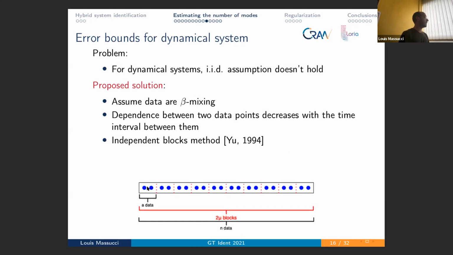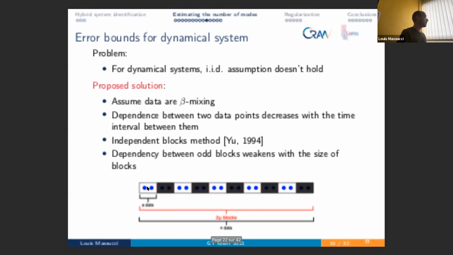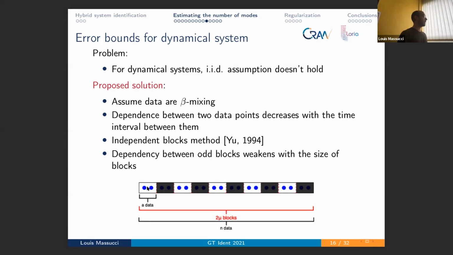So, using this mixing property, we'll apply the independent block method from Yu. It consists in dividing the original data set of n dependent data points into 2 mu blocks, each block composed of a points. And by then only keeping the odd blocks, we'll see that the dependency between the odd blocks weakens with the size of the blocks.